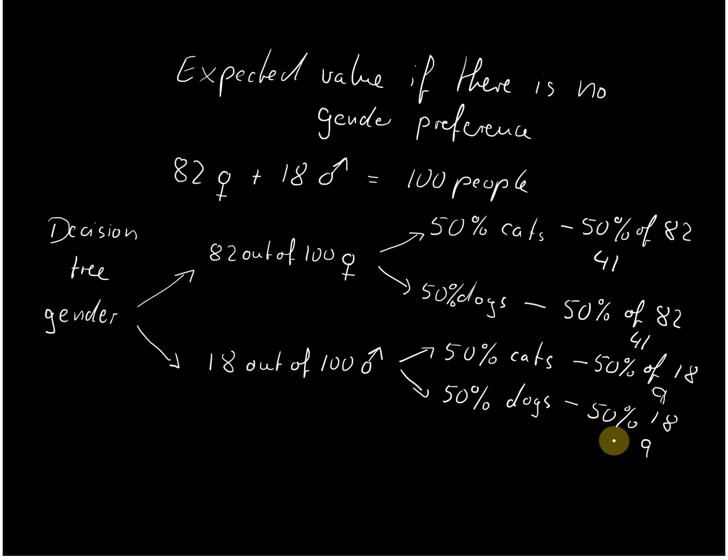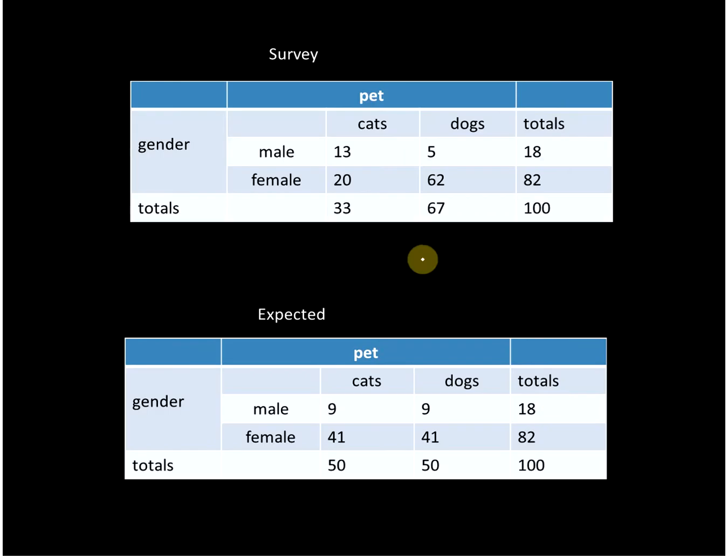And we can set up a contingency table with this. So here we've got the table with the expected values if there was no gender preference. And here we have our actual data.